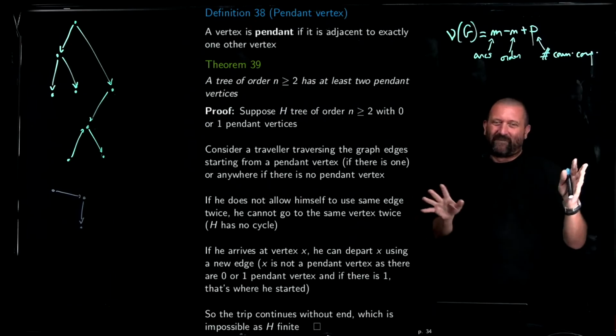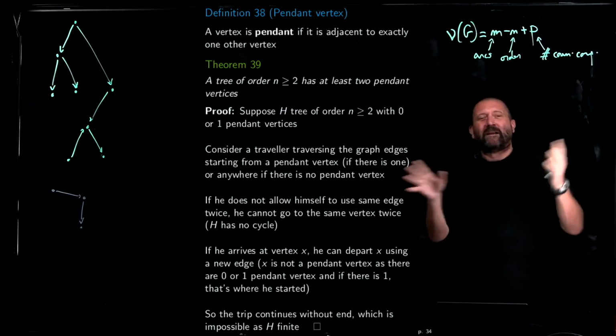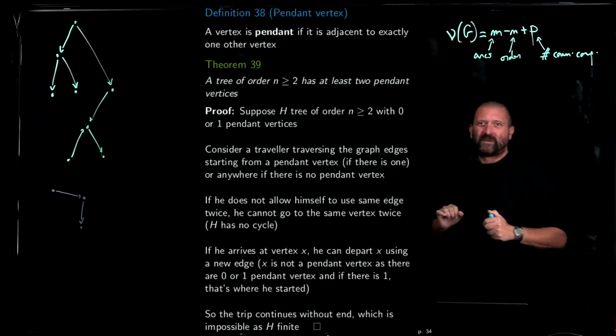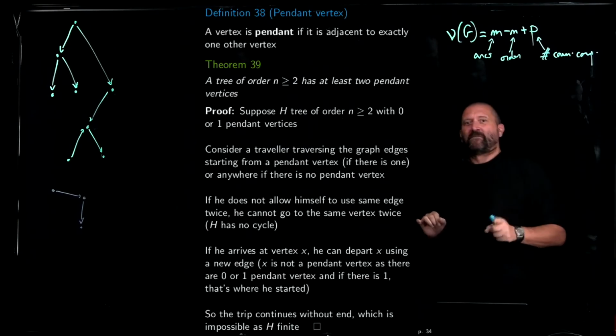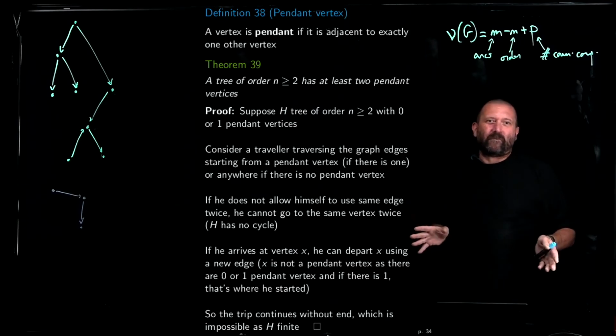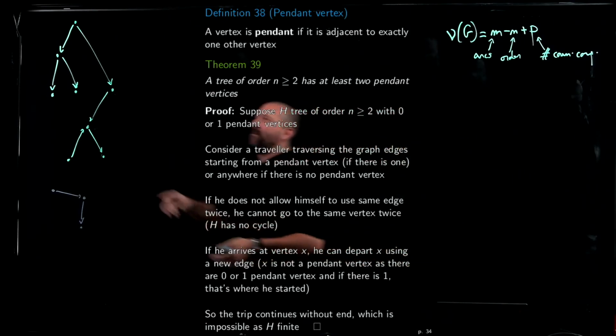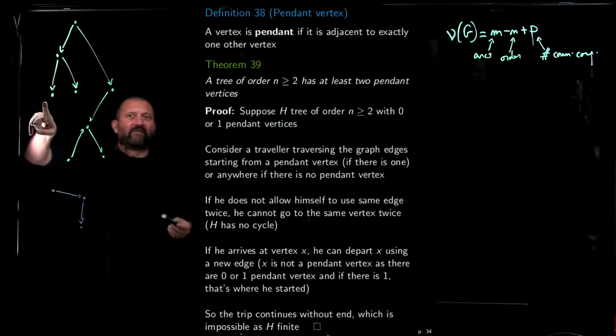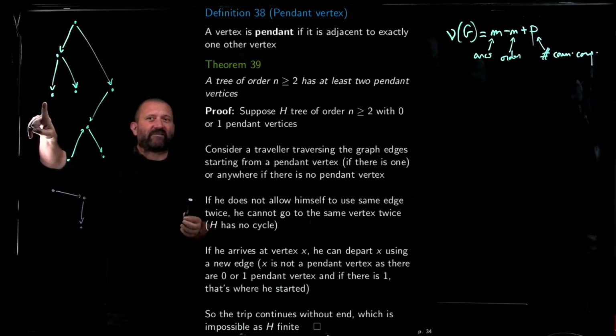Whenever there's an edge or an arc accessible to me, I can go either way, it doesn't matter. Suppose I'm a traveler on that graph and that I start from a pendant vertex. So I'm starting here, for example. I have a tree, okay? So I'm taking a pendant vertex.